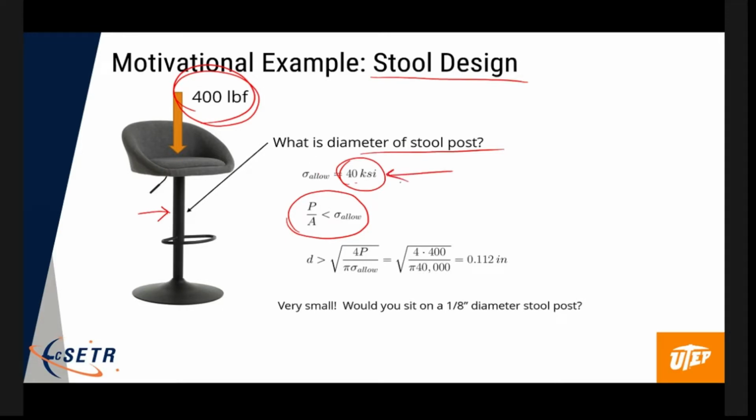That's a pretty reasonable stress for aluminum, actually. And if we go through that and we figure out what the diameter should be, we need a post diameter of 0.112 inches. Okay, so that is less than 1/8 of an inch.